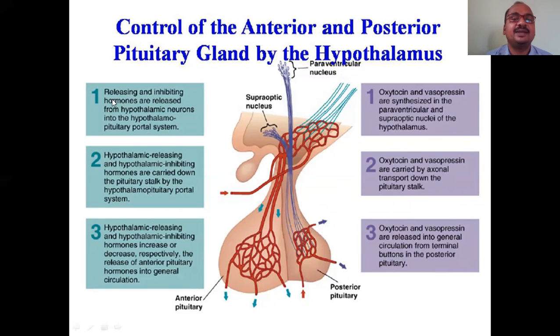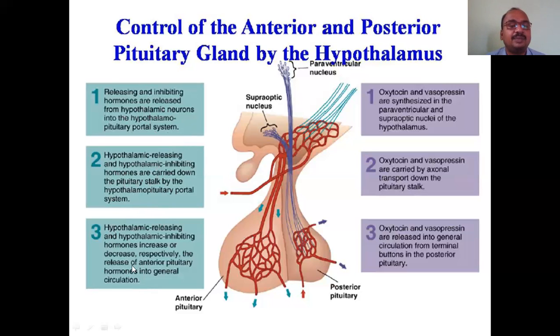And you can see here, for the anterior pituitary, releasing and inhibiting hormones are released from hypothalamic neurons. Hypothalamic neurons are controlled through the pituitary portal system. Hypothalamic releasing and hypothalamic inhibiting hormones are carried down. The hypothalamic releasing hormones I will show you in the next slides.